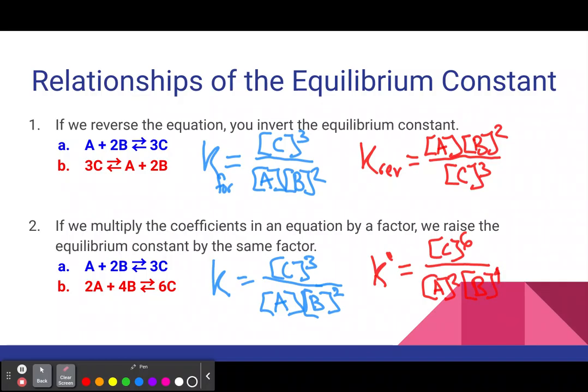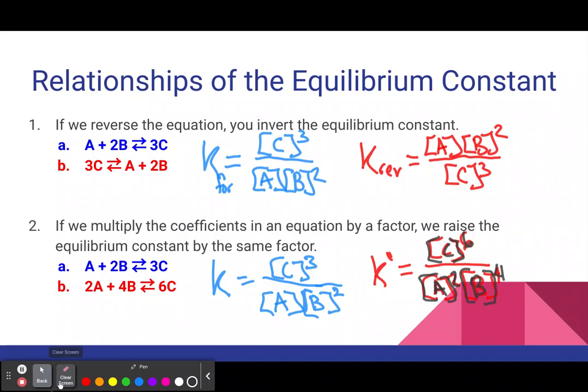Again, I raised my equilibrium constant by that same factor. I raised the entire chemical equation. So K prime here would have all my exponents doubled. Okay. So that is the first two relationships with the equilibrium constant.